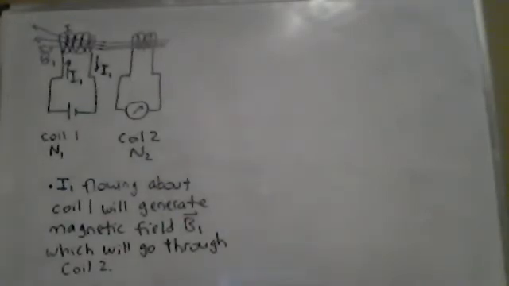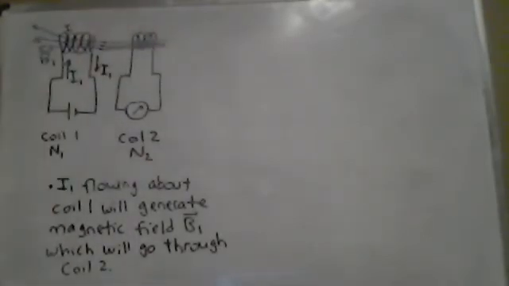Now this is going to cause a magnetic flux in the secondary, coil number 2, as well. If the current is not time varying, there's not going to be a deflection of the galvanometer in coil 2, but there will be a flux.